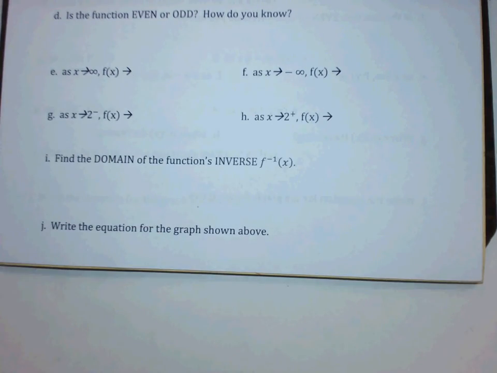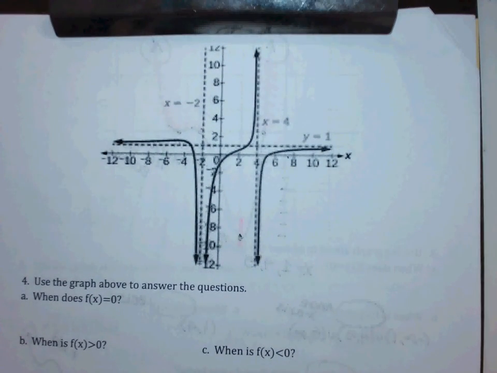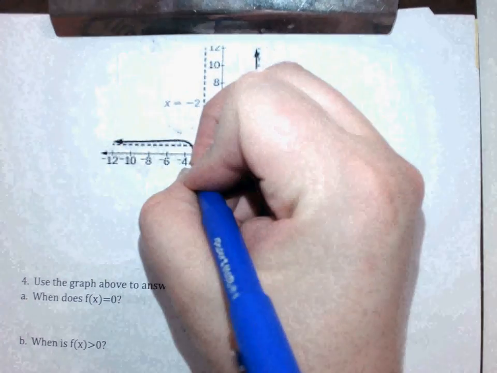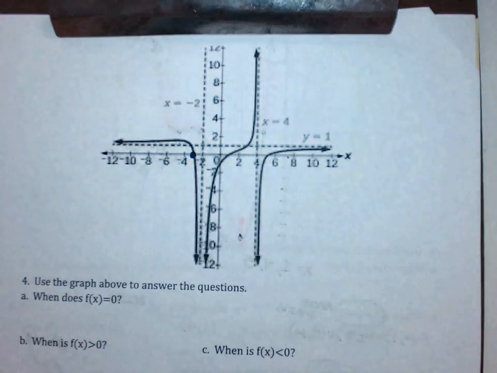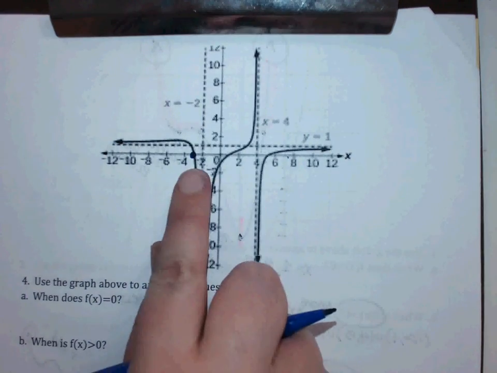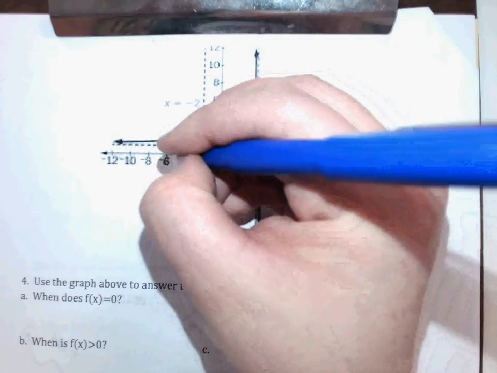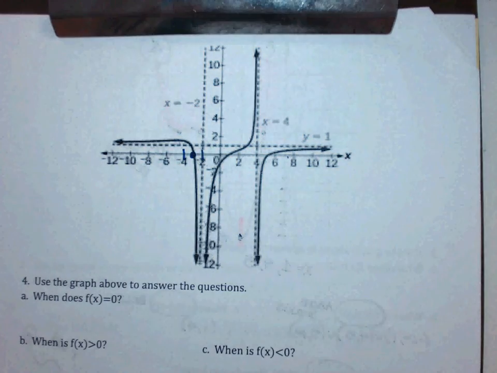Okay, number 4? Okay. So first thing we're looking for are our roots, where f of x equals 0. So mark those on the graph for me. Now we're going to estimate since they're not right at whole numbers. Okay, so for this one, where does it look like it crosses? So this is negative 2, this is negative 4. What would be between that?